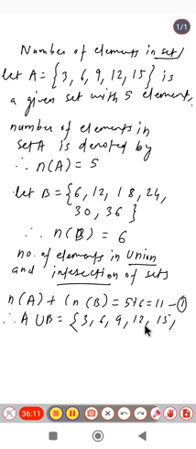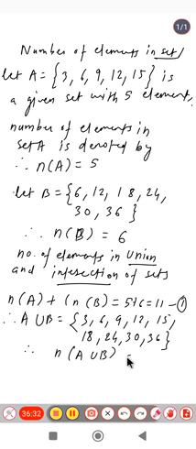Already 6 is there, so we do not write it again. Understand? Now tell me the number of elements in A union B. It should be 1, 2, 3, 4, 5, 6, 7, 8, 9. We write this as the second equation.